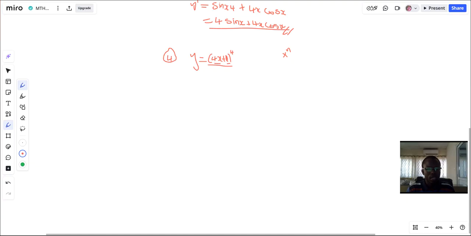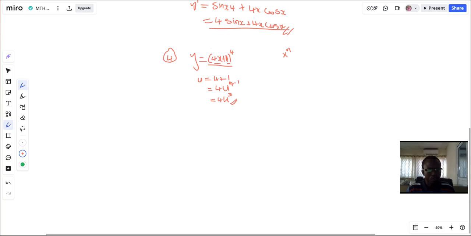So let's say u is equal to 4x plus 1. Then the derivative of this function is equal to 4u^(4-1) using the power rule. This is equal to 4u cubed.